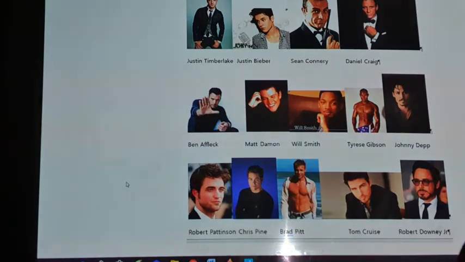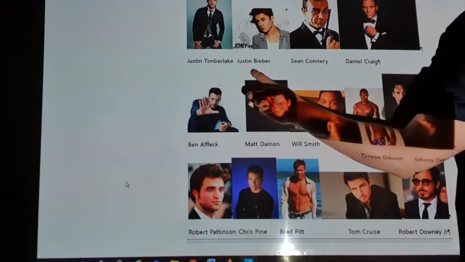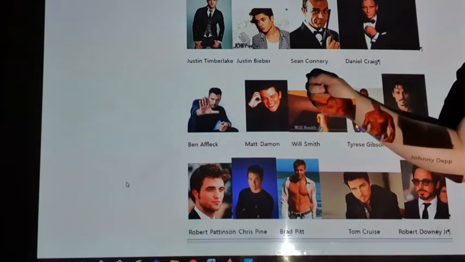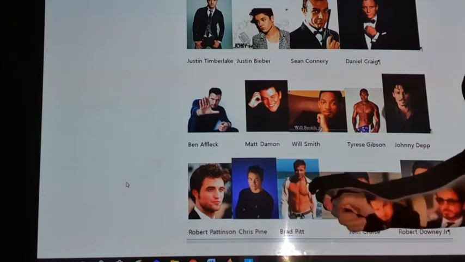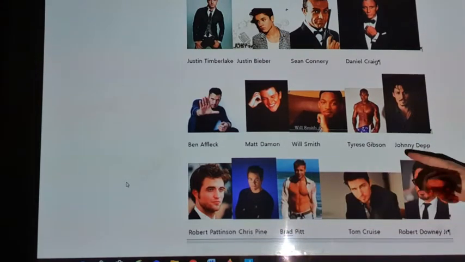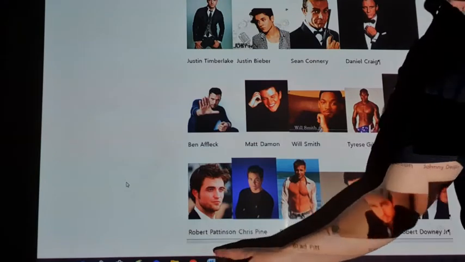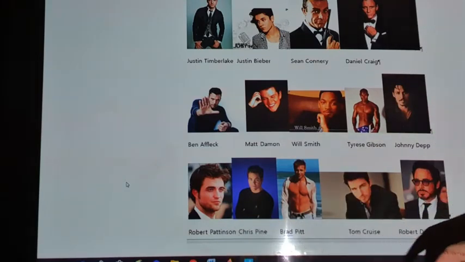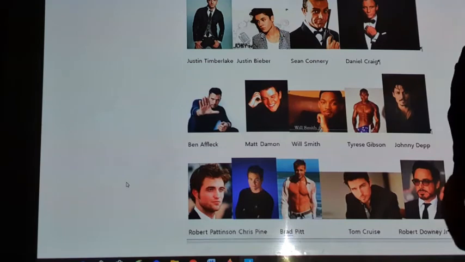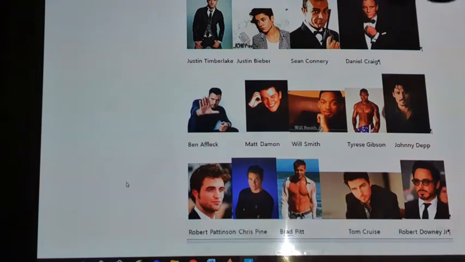Okay, so here there are a number of men. We have Justin Timberlake, Justin Bieber, Sean Connery, Daniel Craig, Ben Affleck, Matt Damon, Will Smith, Tyrese Gibson, Johnny Depp, Robert Pattinson, Chris Pine, Brad Pitt, Tom Cruise, Robert Downey Jr. There are a lot of men. So I'm going to ask you to please make a sentence. Who is the most handsome man? Who is the cutest man here?